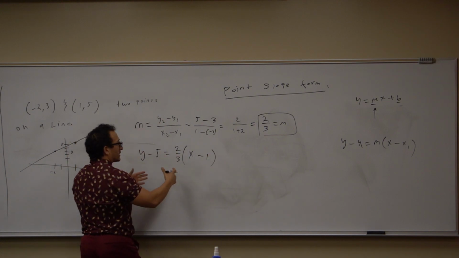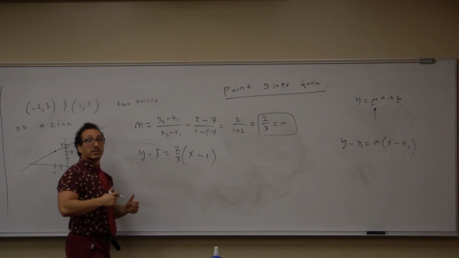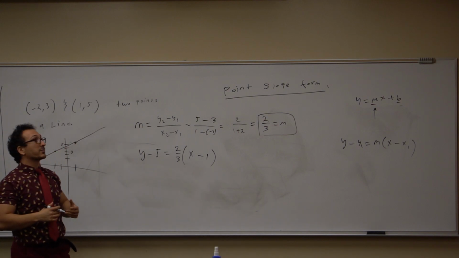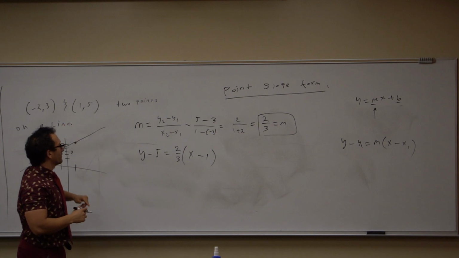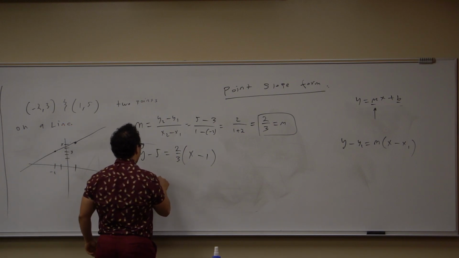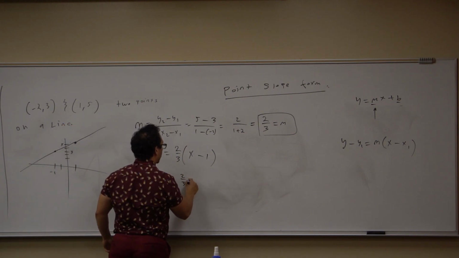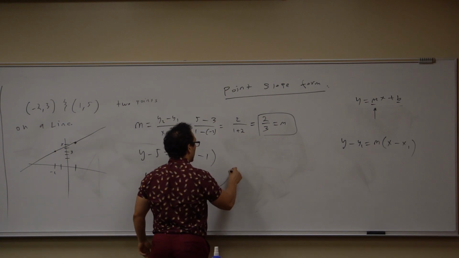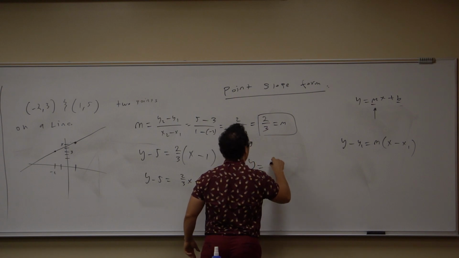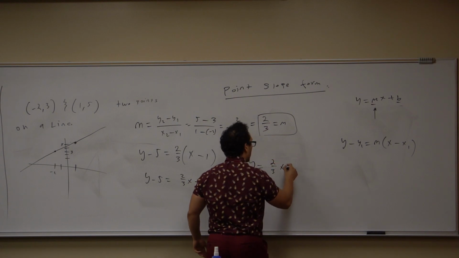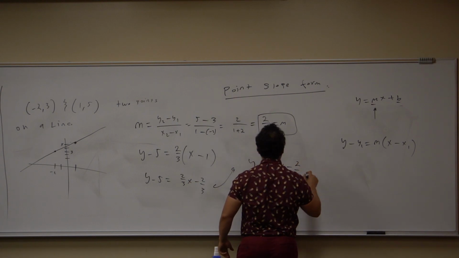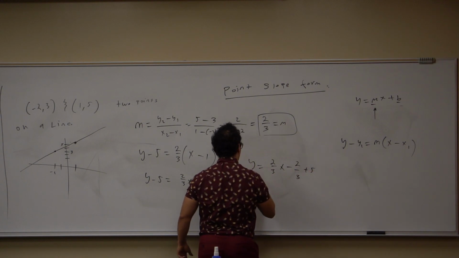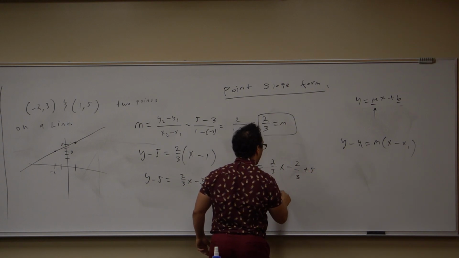Now once I do the algebra and put it into y equals mx plus b form, I'll have the equation for the line that passes through these 2 points. So now I have y minus 5 is equal to 2/3 x minus 2/3. Then I add 5 to both sides, bring it over here. I get y is equal to 2/3 x minus 2/3 plus 5.